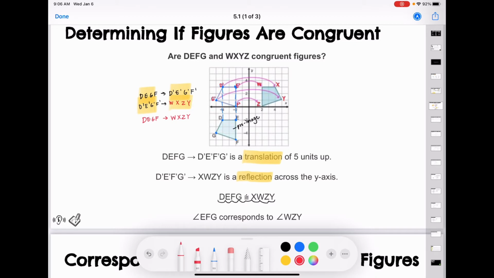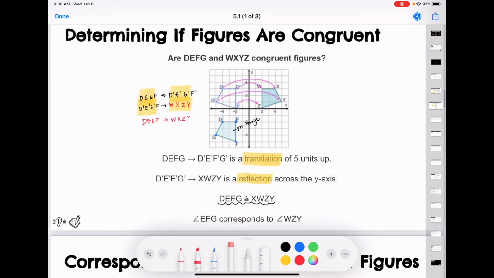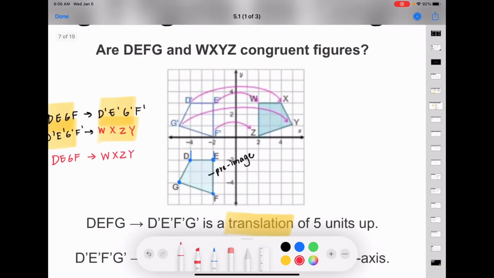So what does this mean? Well, here we see angle EFG. Let me erase it so we can identify it a little bit better. Angle EFG would be approximately this angle right here. Well, we can see that that maps onto being congruent to this angle right here.